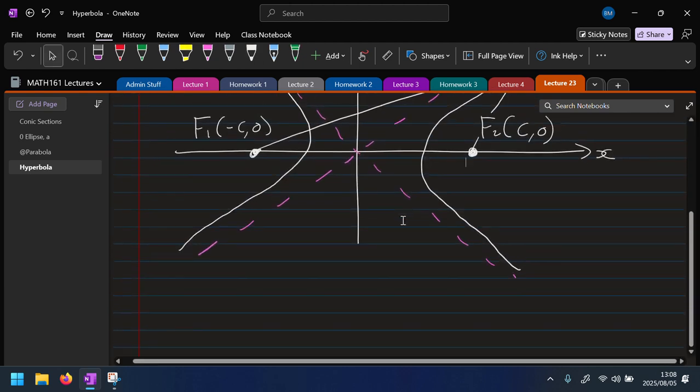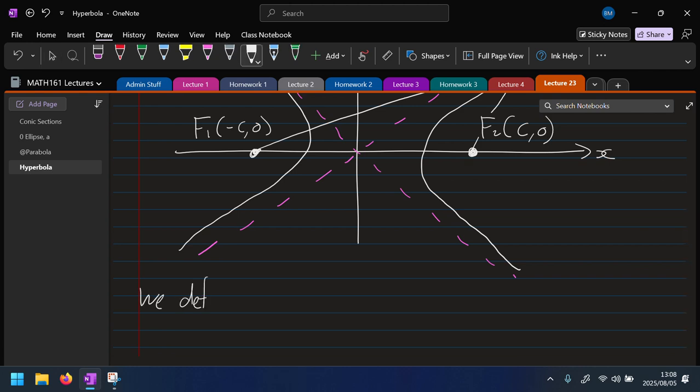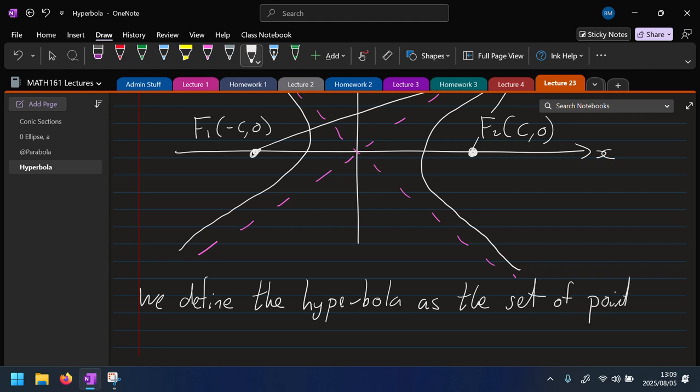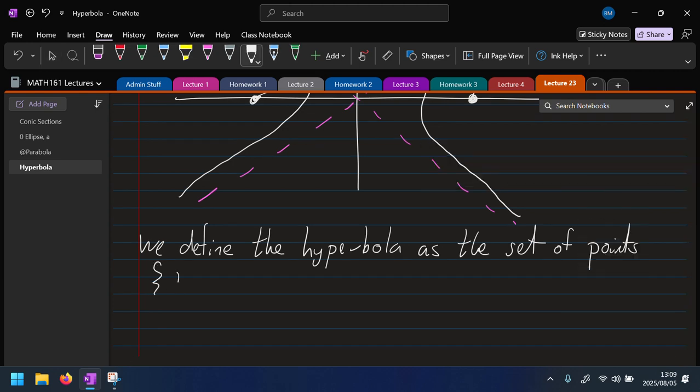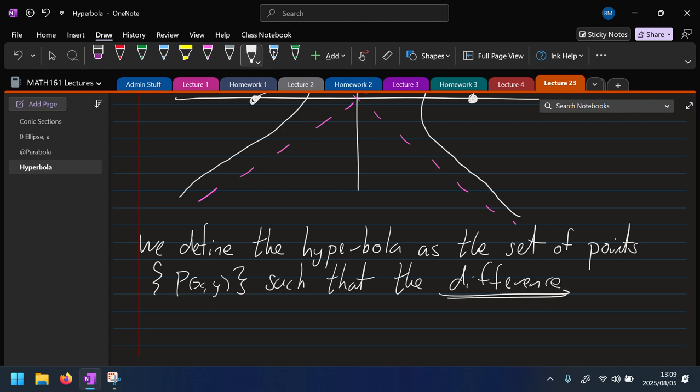So how do we define it? We define the hyperbola as the set of points P, exactly like we had before, such that the difference, please underline that, this is the major difference between the ellipse and the hyperbola.